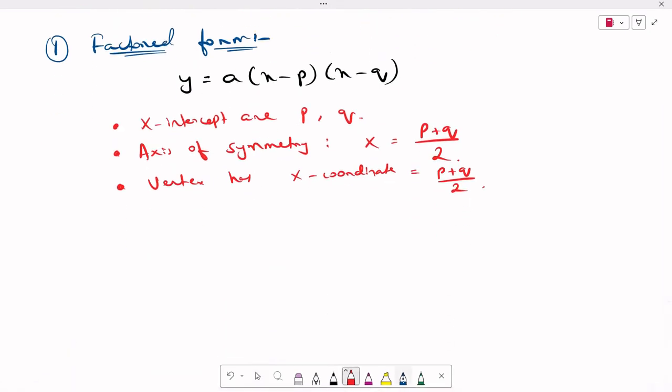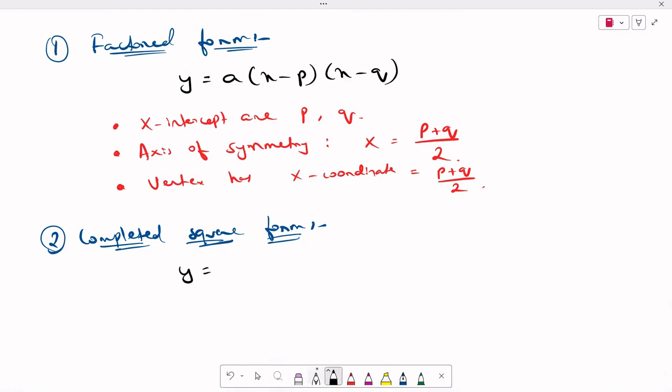Moving to the next form, which we call the completed square form. So completed square form has an equation that looks like y is equal to a times (x minus h) whole squared plus k, where h and k belong to the real numbers.